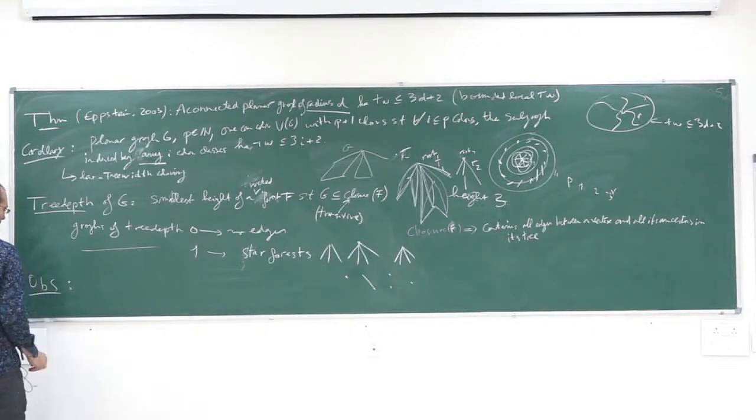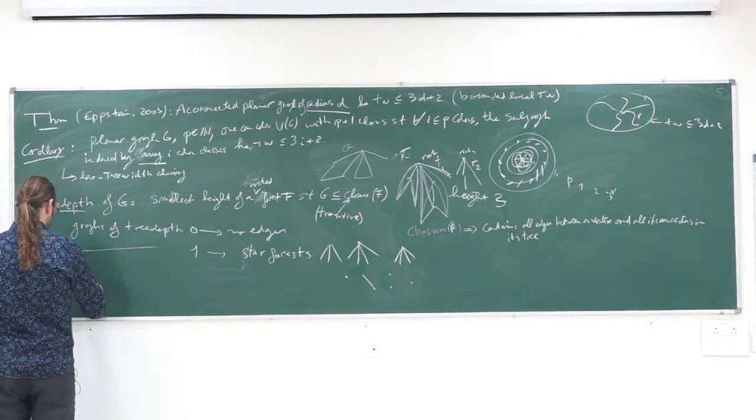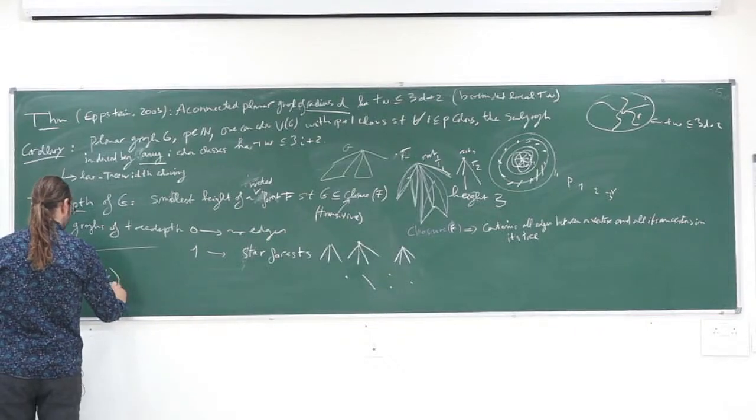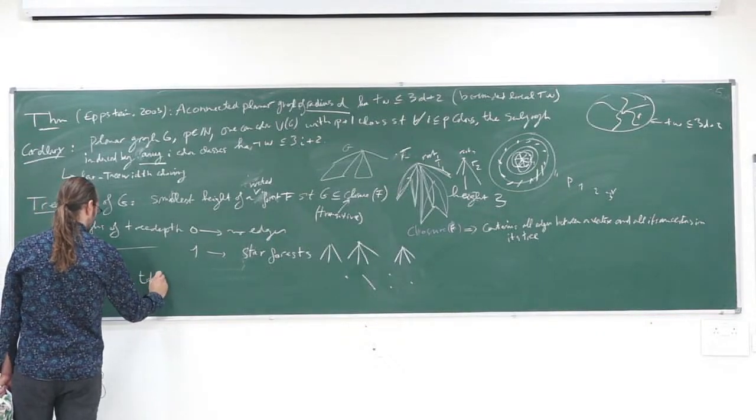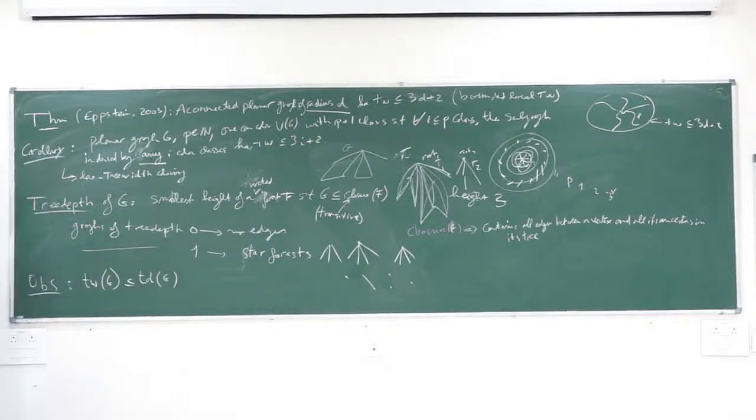Observation: the treewidth of G is at most the tree depth. So the tree depth is a refinement of treewidth. If you know you have treewidth k, your tree depth might still be bigger. Why is that?